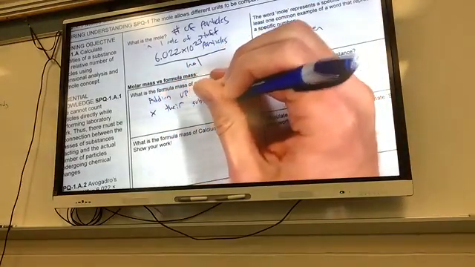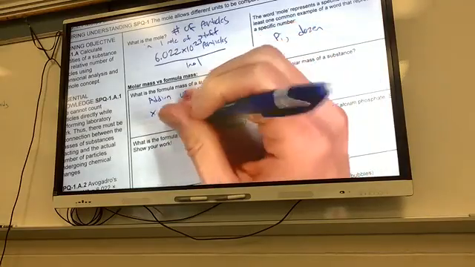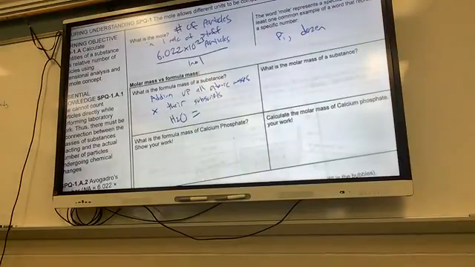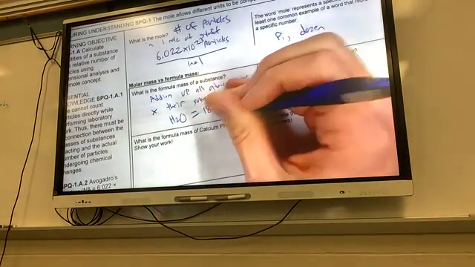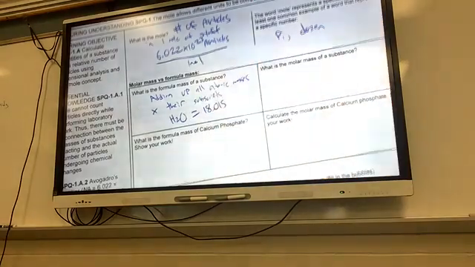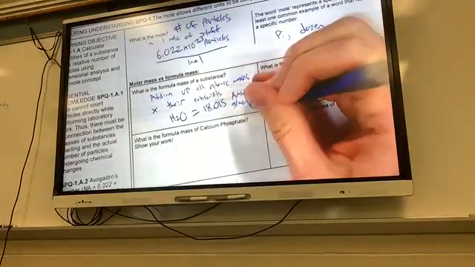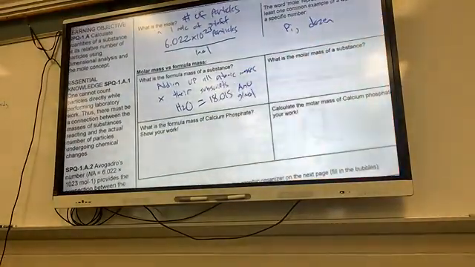Subscripts. If you remember H2O, do you remember the mass of water? We did that whole bunch. 18.015 AMU or grams per mole. It's all kind of the same.